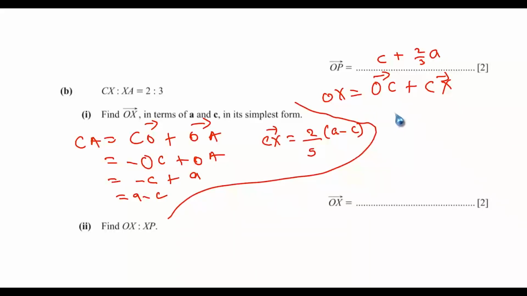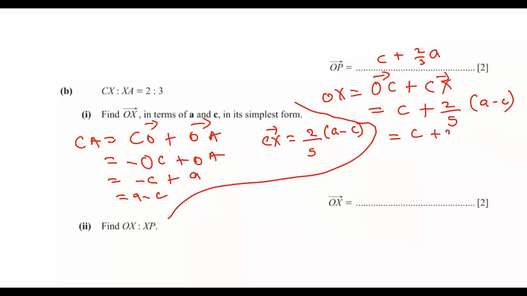Let's key in the values. OX will be equal to OC, which is C, plus CX, which is 2 over 5 into A minus C. We'll need to expand the bracket.